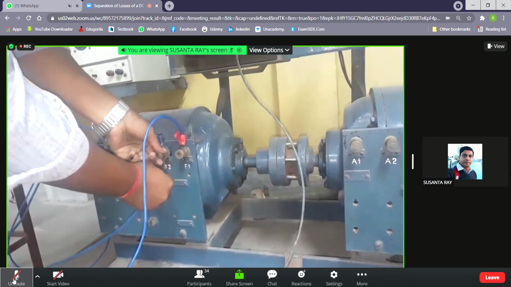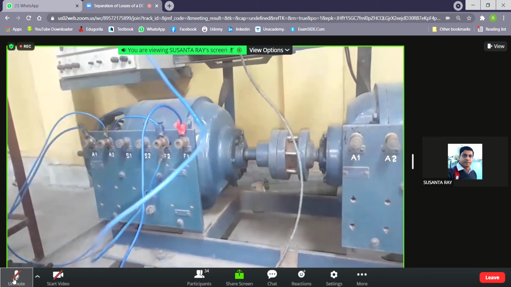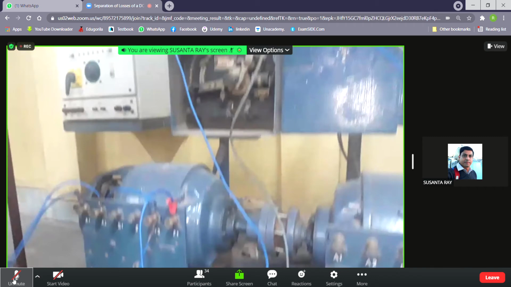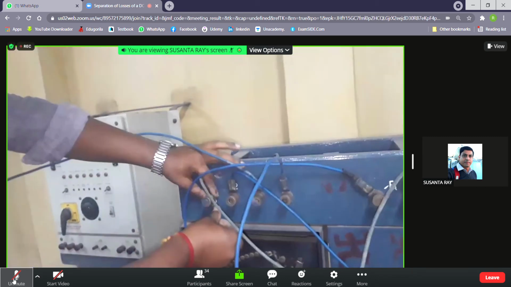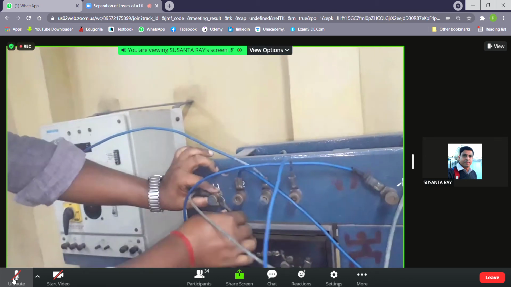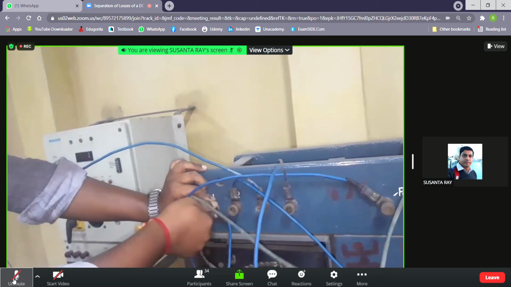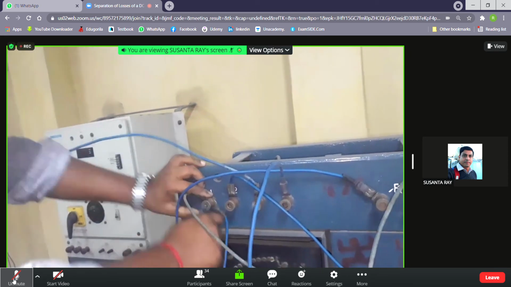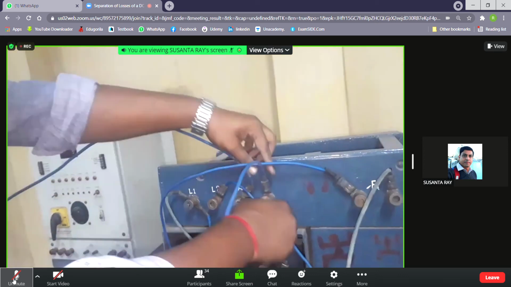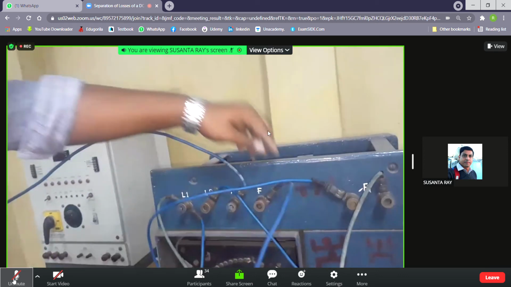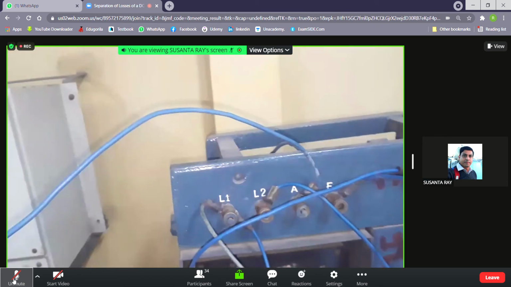So he is tapping from F2 and it will be returned back to L1. L2 is wrongly given in the circuit, you have to change that. You have to correct that. So it will return back to L1. Okay. So you just see, this is the connection.